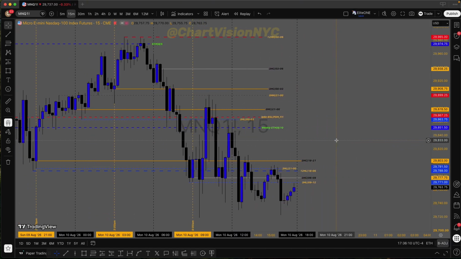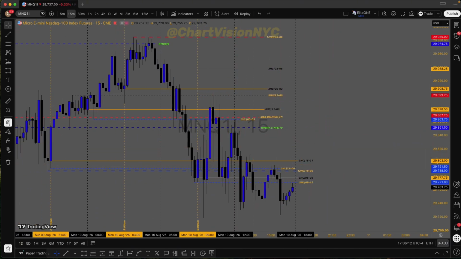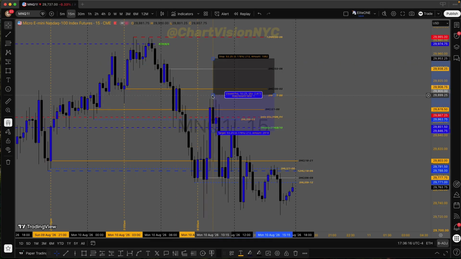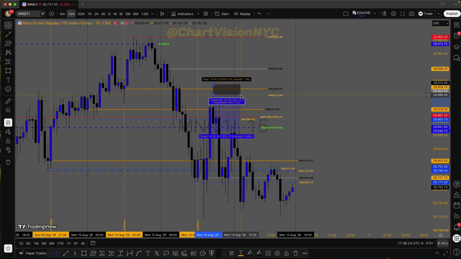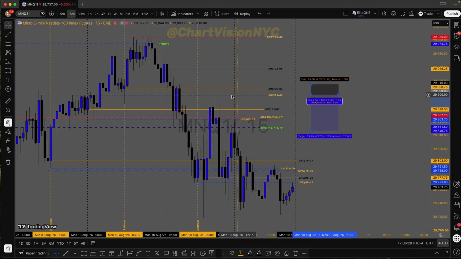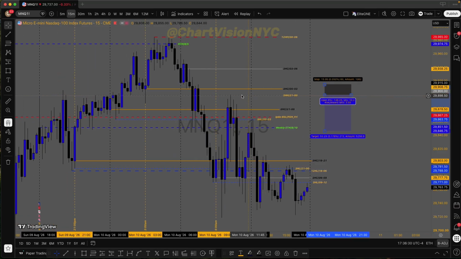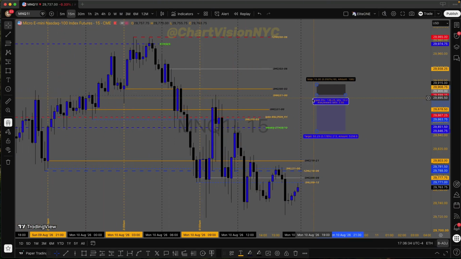And so there is another opportunity for you to sell the market, right? There is another trade that was available today to the downside using 3-hour drawn liquidity, right? That's the buy side from 9 to 12, okay?